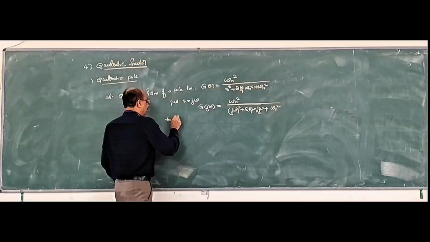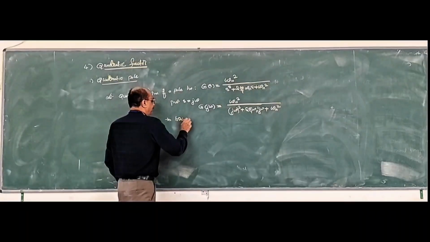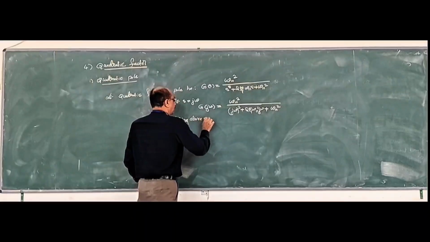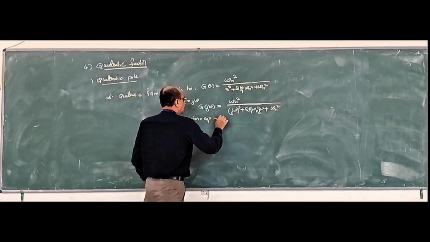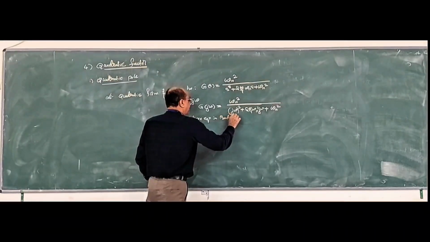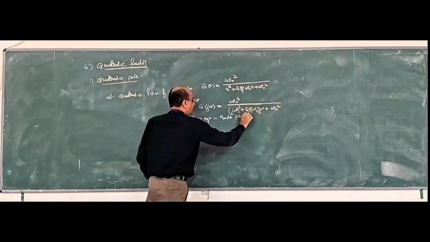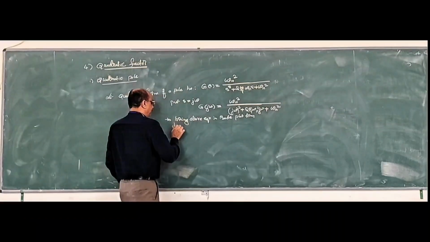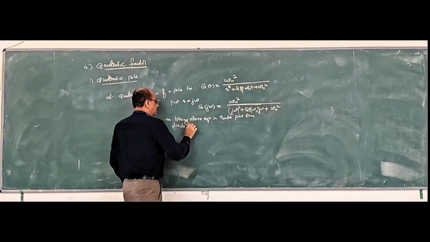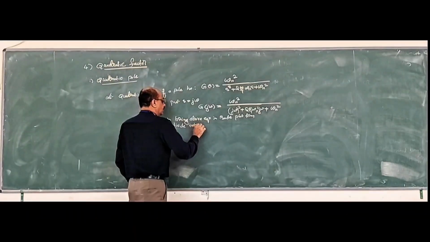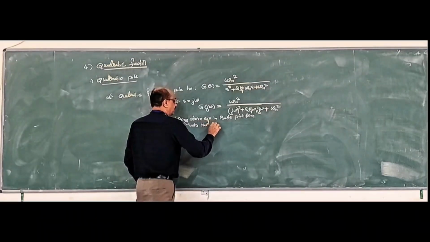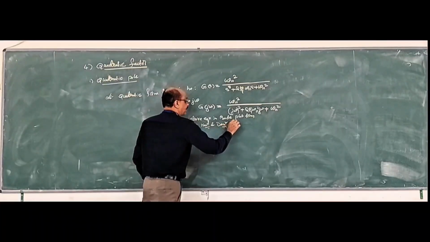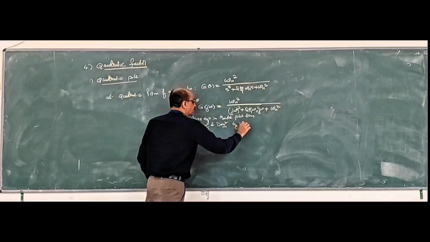So to bring the above equation into Bode plot form, divide both numerator and denominator by omega n square.